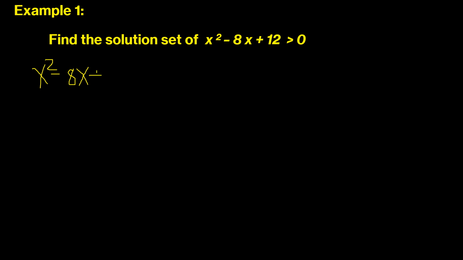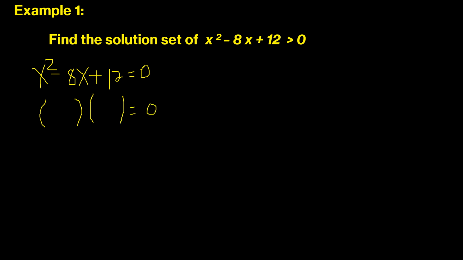So we have x squared minus 8x plus 12 is equal to 0. So for the meantime, we have to use equal to instead of greater than. Then from this quadratic equation, we may find the roots by factoring.